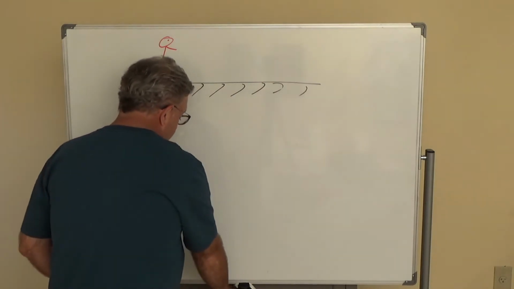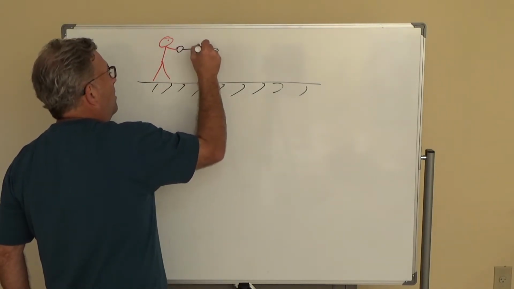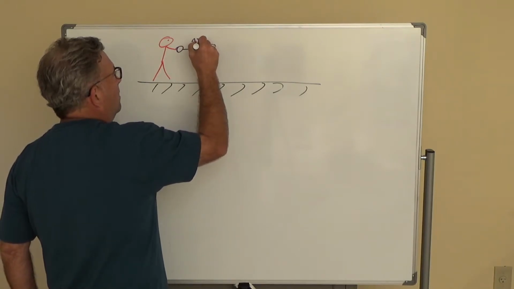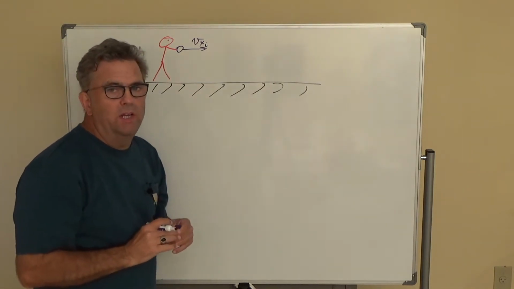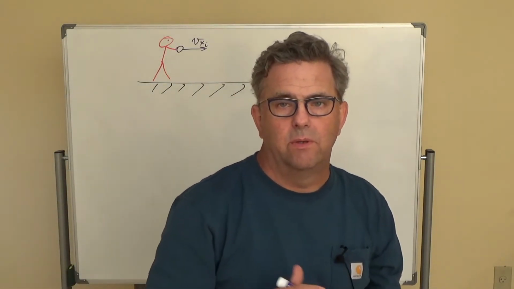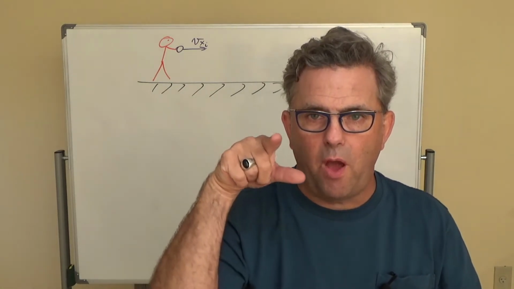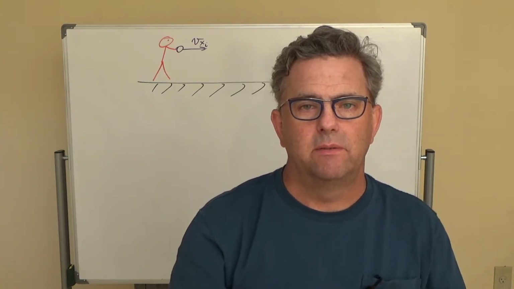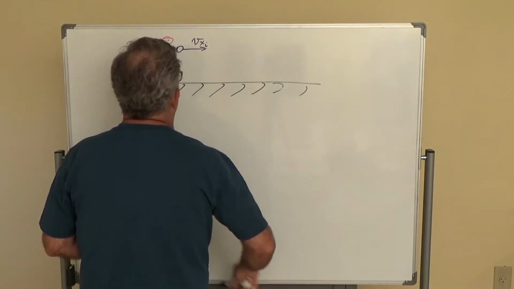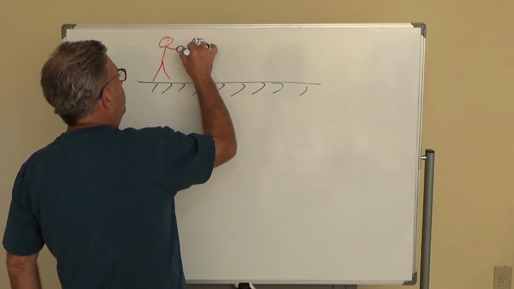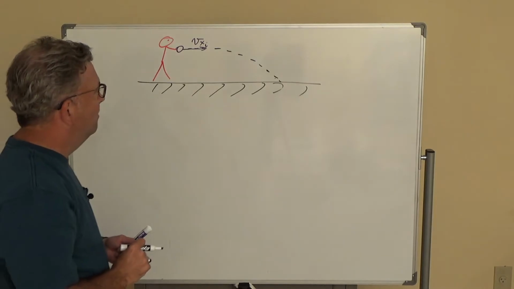Let's say that somehow I am able to throw an object with absolutely no initial velocity in the y direction. So I'm able to throw the object just perfectly with only the x direction velocity. What's the trajectory going to look like? Well, you all know what that's going to look like. It's going to come out fairly flat and then it hits the ground, something like that.